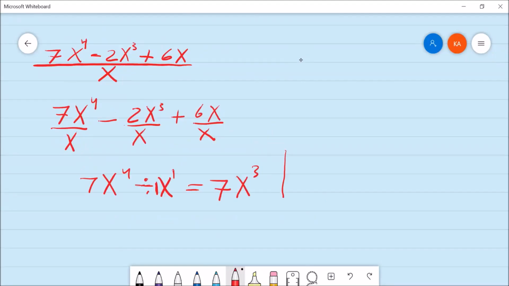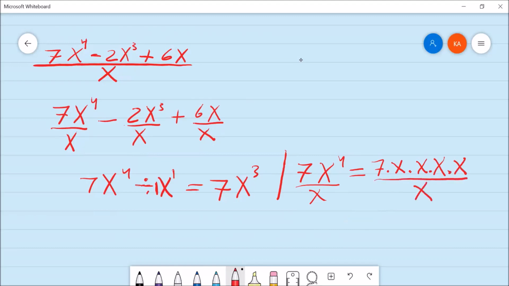For a more detailed explanation, let's expand the terms we have. 7x^4 over x equals 7 times x times x times x times x over x. Now we cancel the common terms, so it equals 7x cubed.